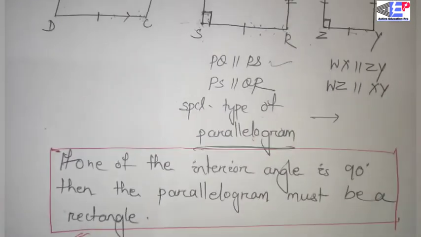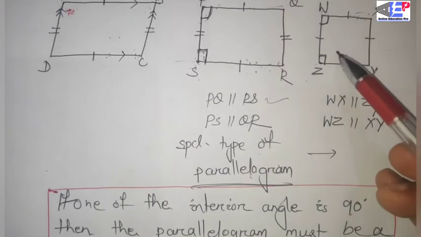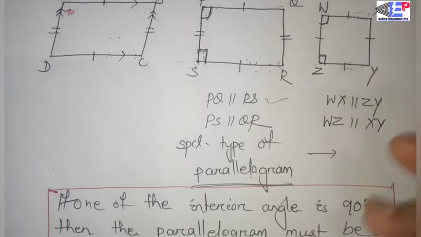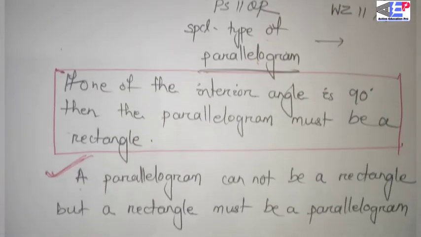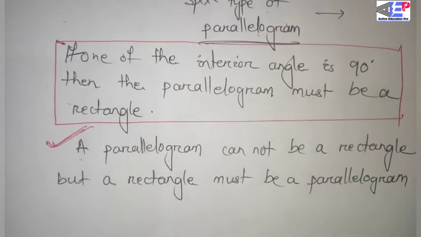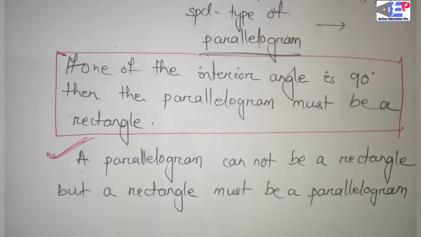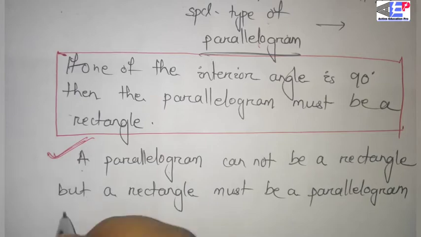Similarly, here is the square. If a parallelogram has each angle 90 degrees and each side the same in length, then the parallelogram must be a square.